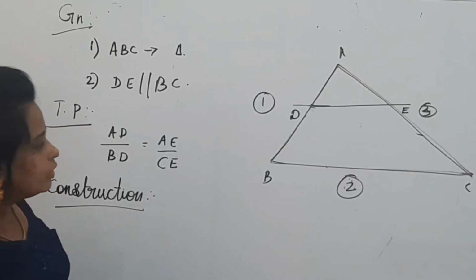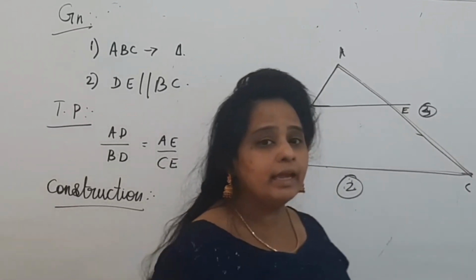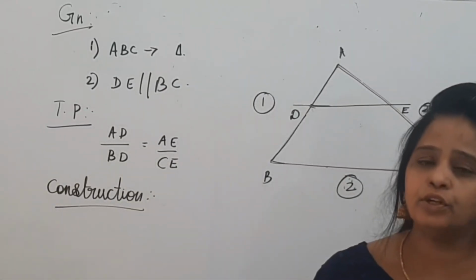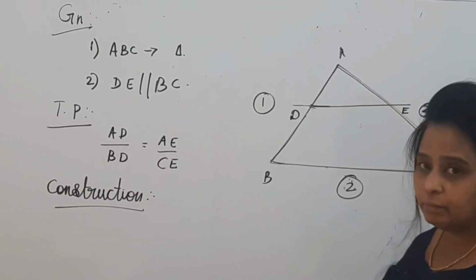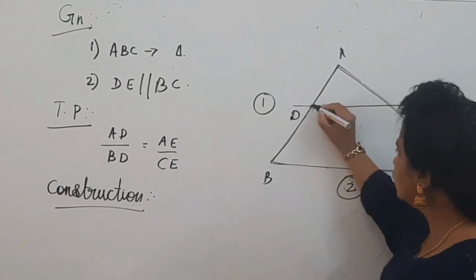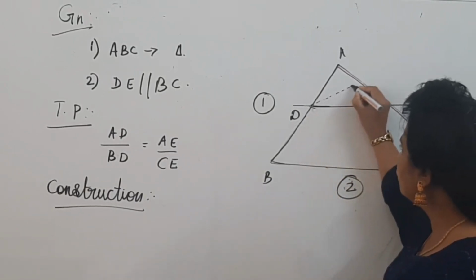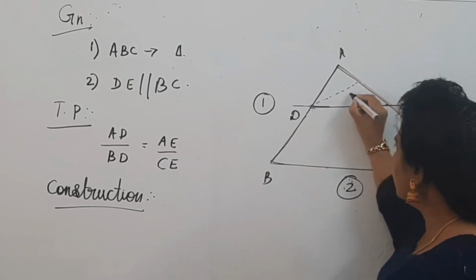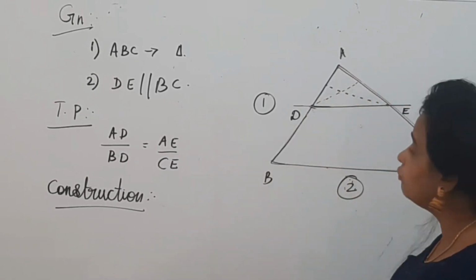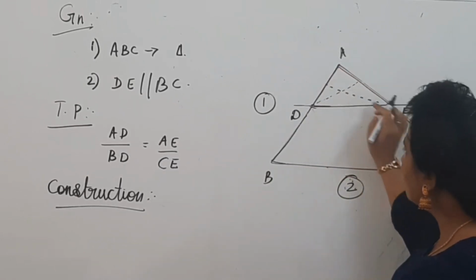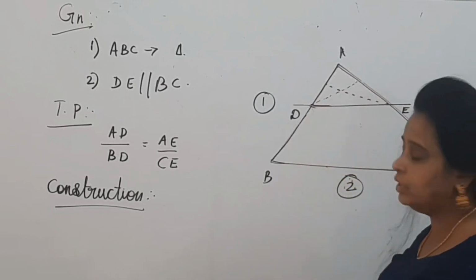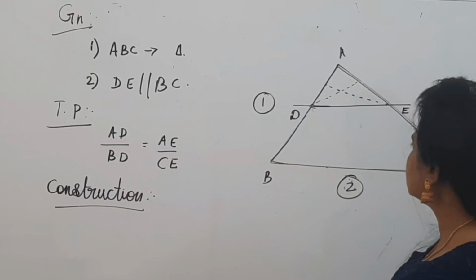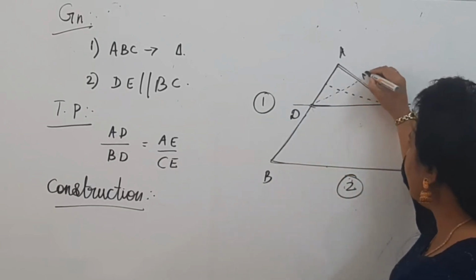Now I'm going to construct using the area of a triangle. Area of a triangle means there must be a height, an altitude. So the altitude I draw like this and like this, for AD the altitude and AE the altitude. I name these as M and N.